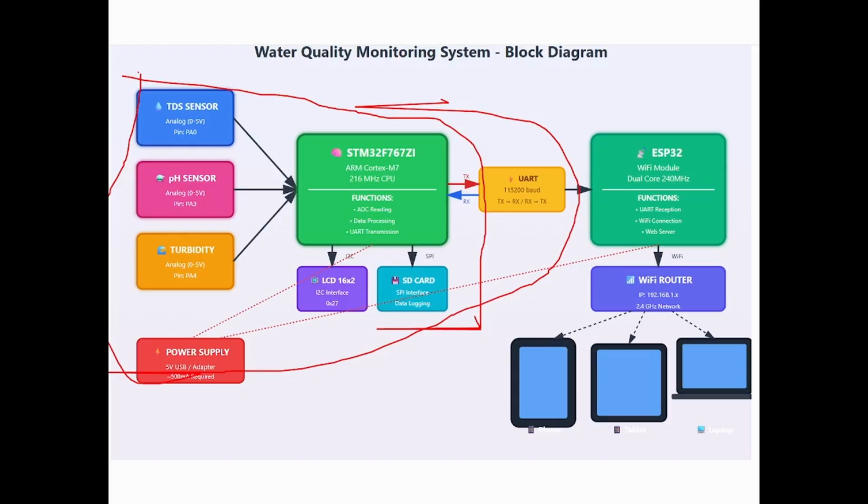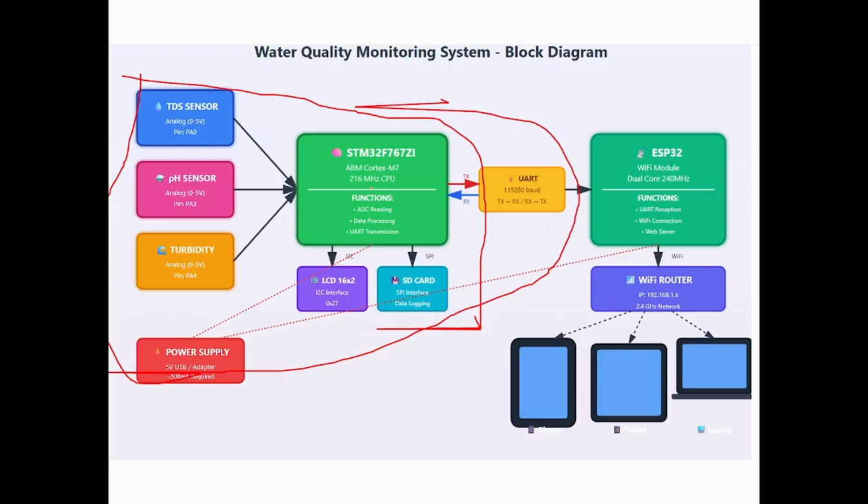It's an IoT device. The difference from the last setup is this UART. Initially this UART was onboard. You simply connect your board with the laptop, open the terminal, and see the values.